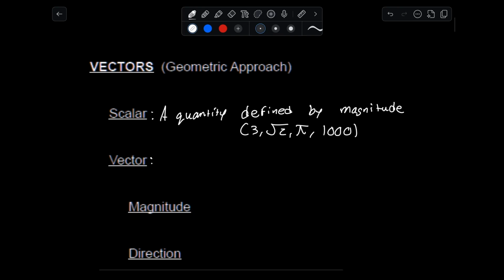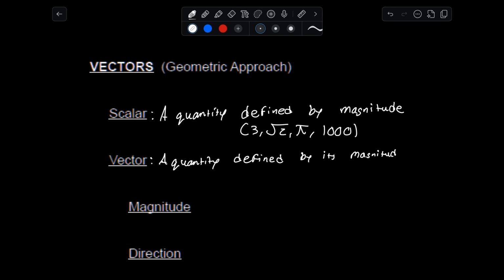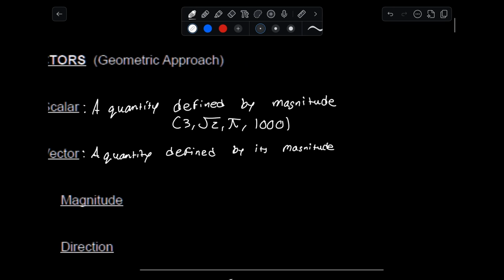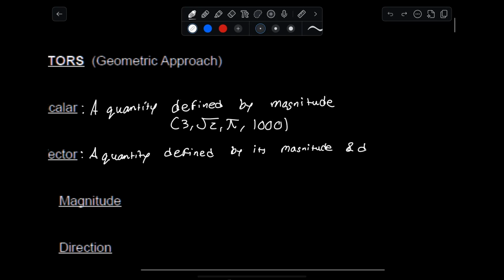However, a vector is a quantity defined by both its magnitude and direction. So for all of these numbers, they don't really define direction, right? Like 3, root 2, pi.